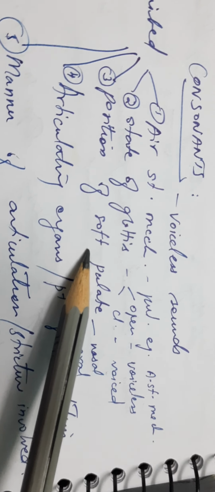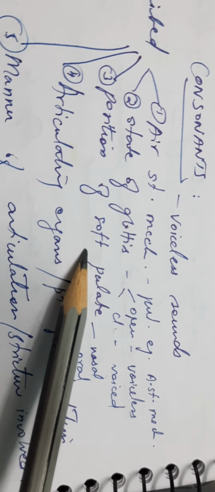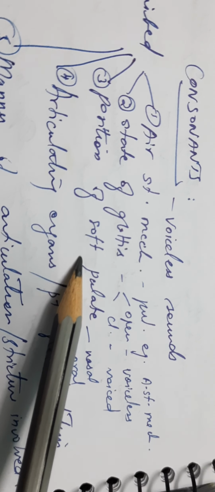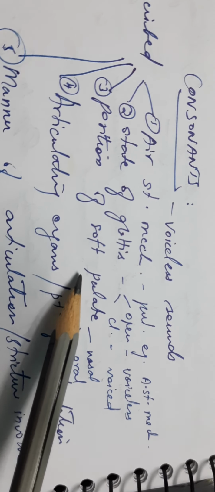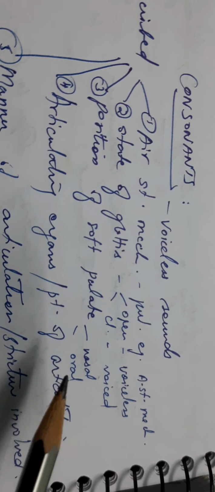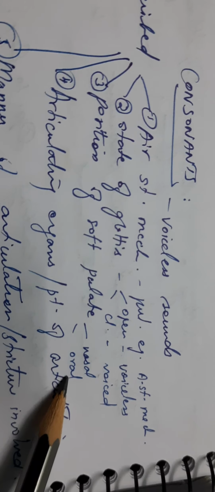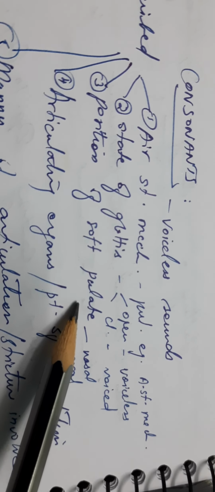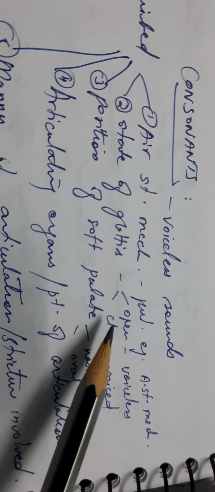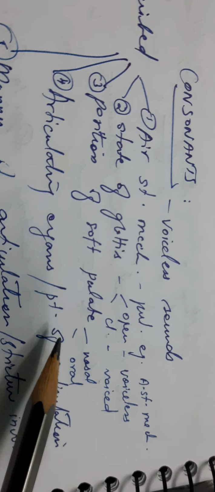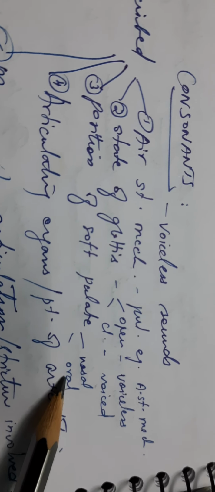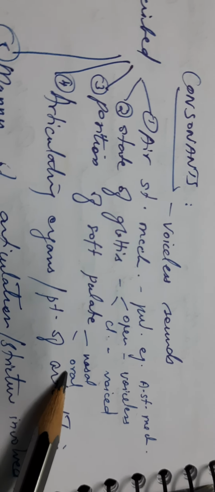And the third point is the position of the soft palate, which you have seen before. When you check the position of the soft palate, you find whether the sound is a nasal sound or an oral sound. When the soft palate is raised, the nasal passage is closed so that the air can escape only through the mouth, and you get an oral sound.